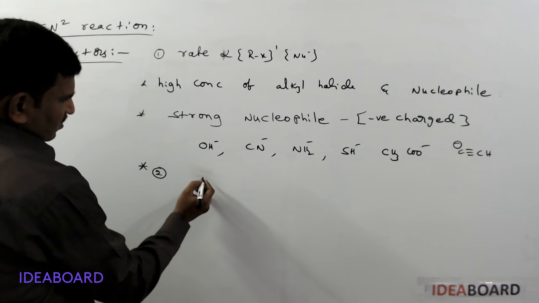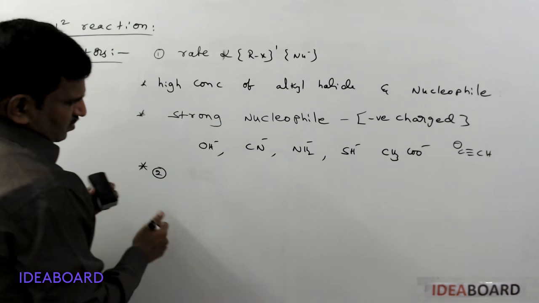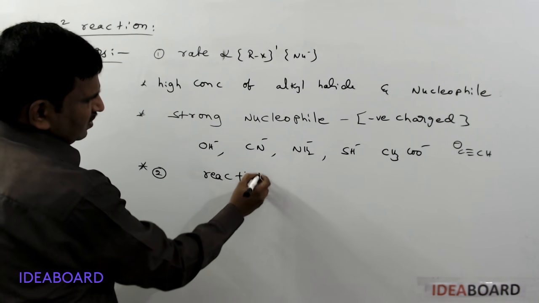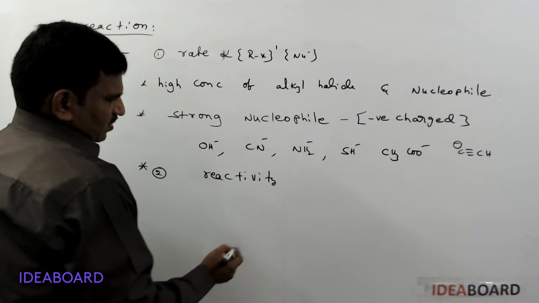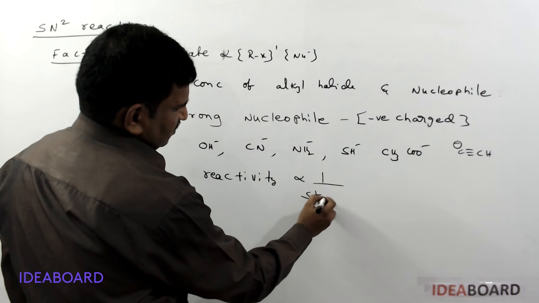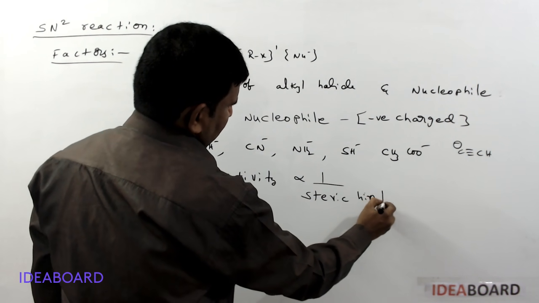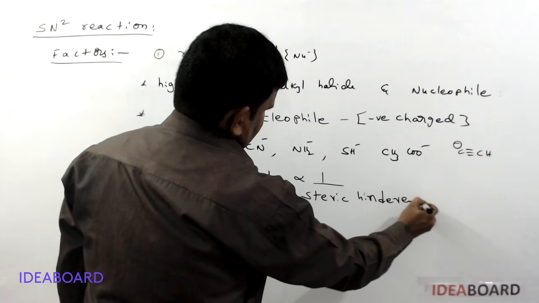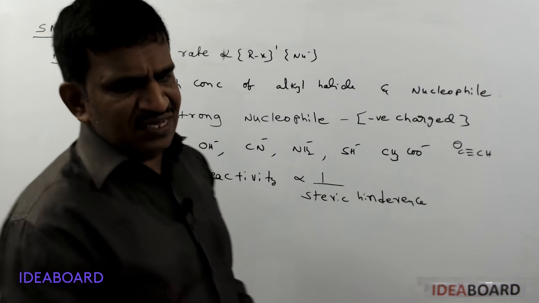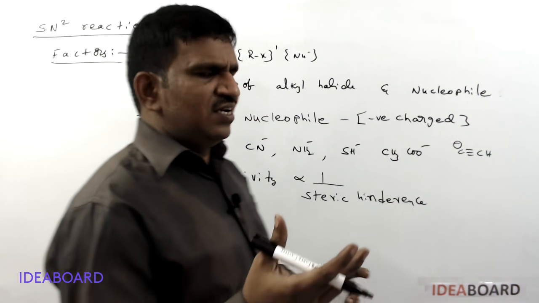Please remember: reactivity is inversely proportional to steric hindrance, because here backside attack is required. If there are bulky groups, they can prevent the backside attack.